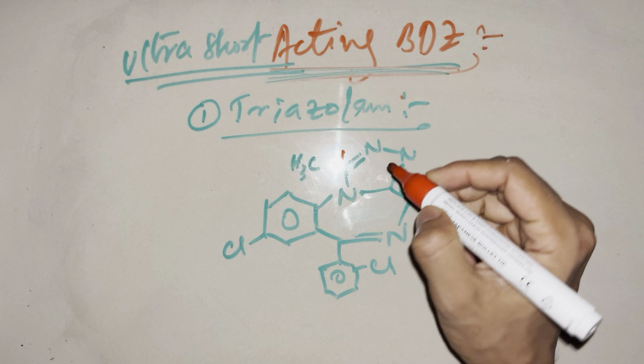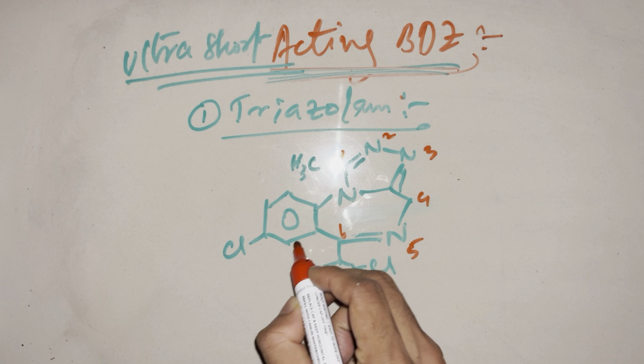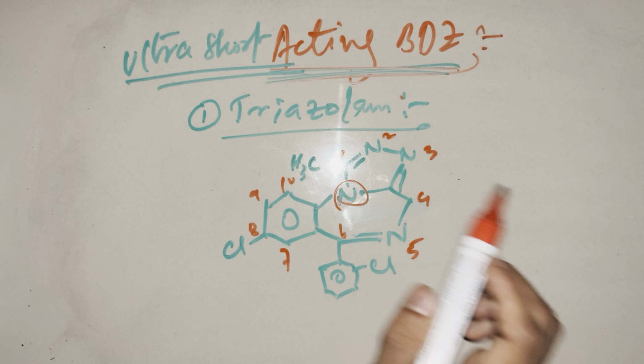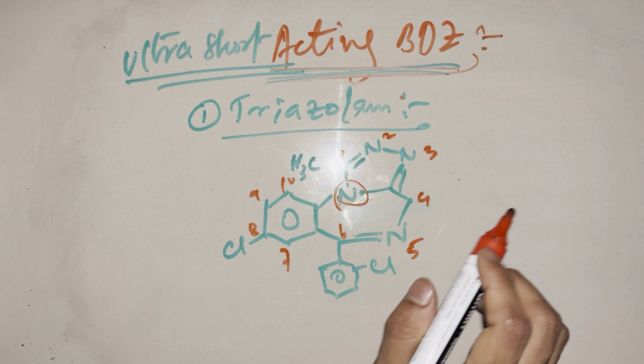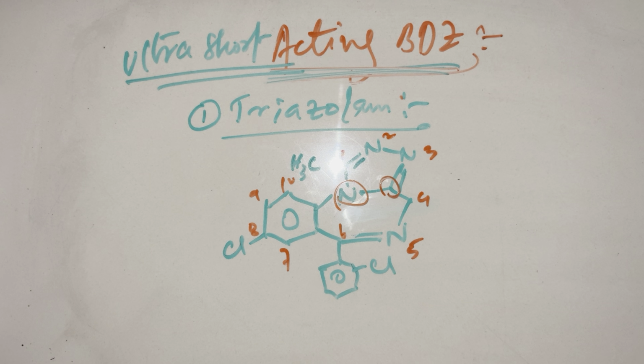Numbering will start from here. 1, 2, 3, 4, 5, 6, 7, 8, 9, 10. Why is this not numbered? Because it is in a joining point. This is also a joining point. That joining point is called the point of fusion. Now see what the chemical name will be.